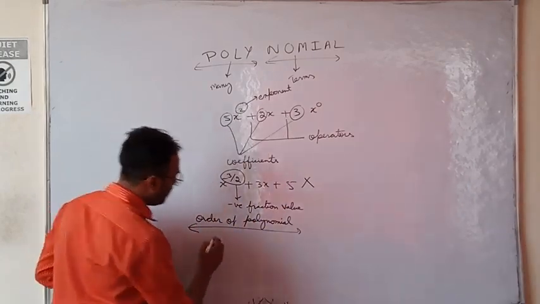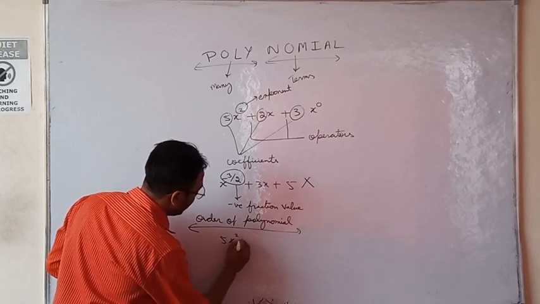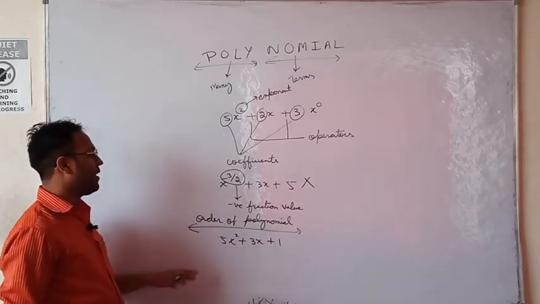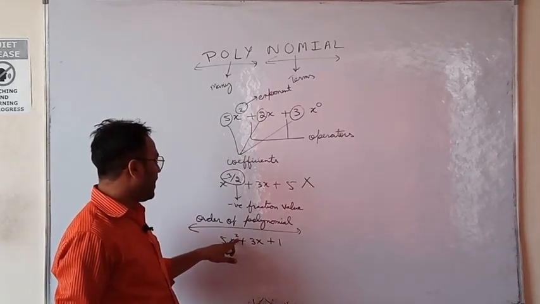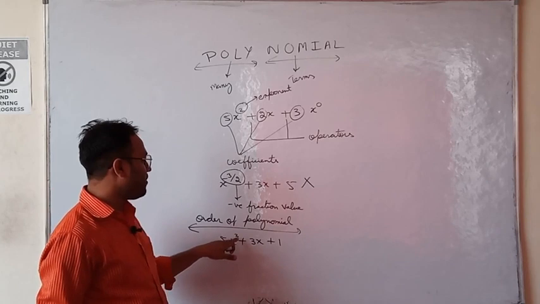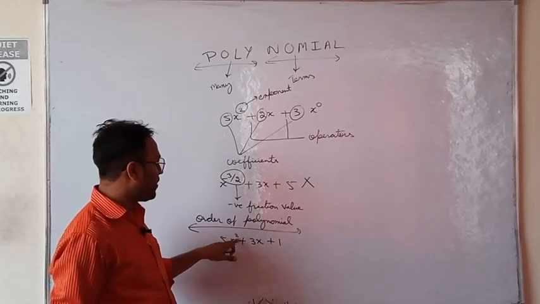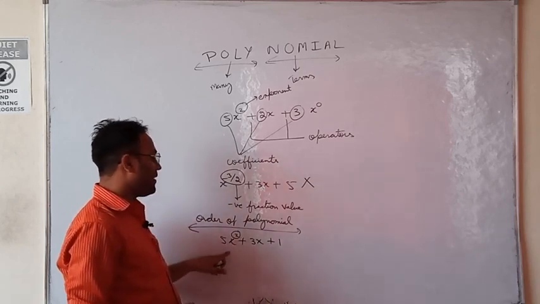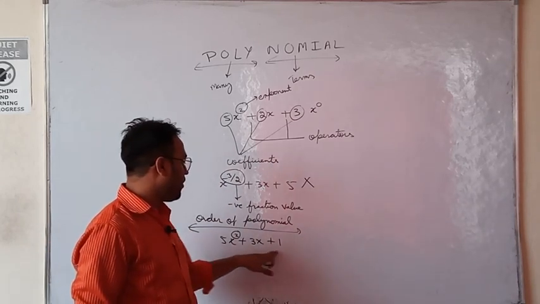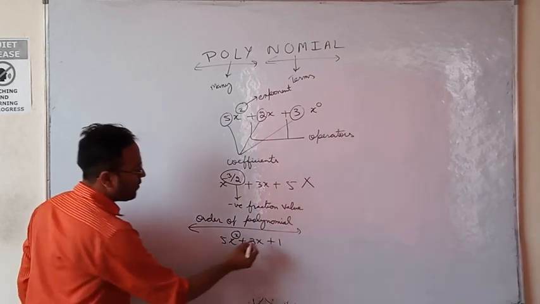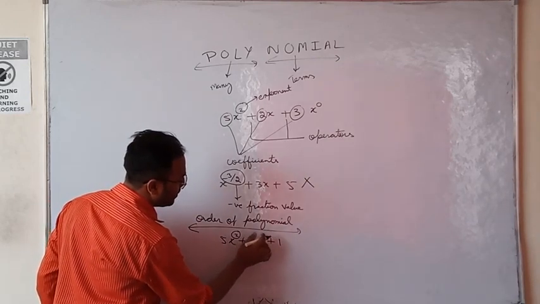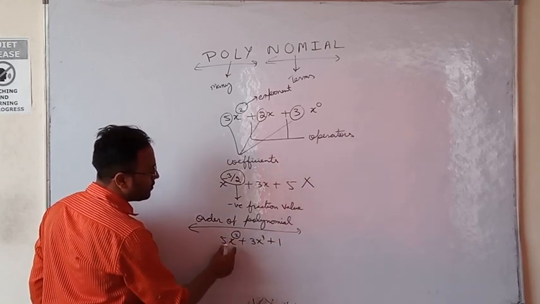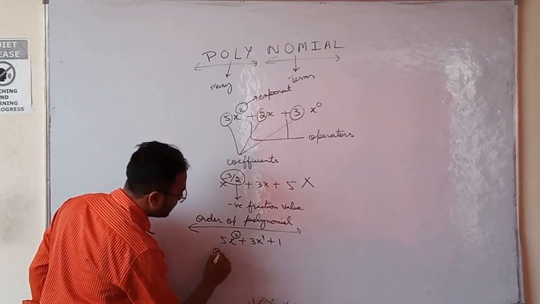Let's take an example, 5x square plus 3x plus 1. Here the variable with the maximum power is x to the power 2. So 2 is called the order of the polynomial. Here you can see 1 is the power, and here 2. So the maximum power is 2, so 2 is the order of the polynomial.